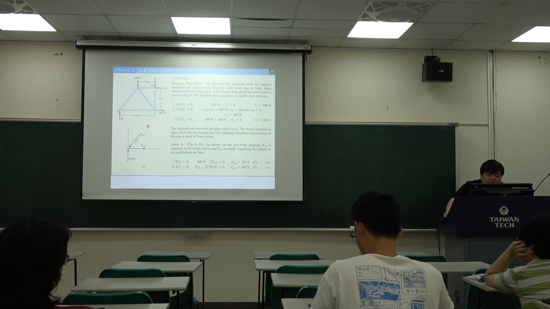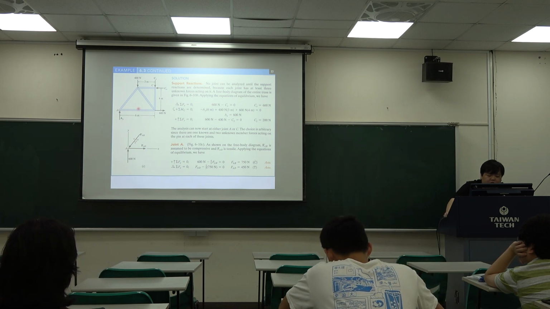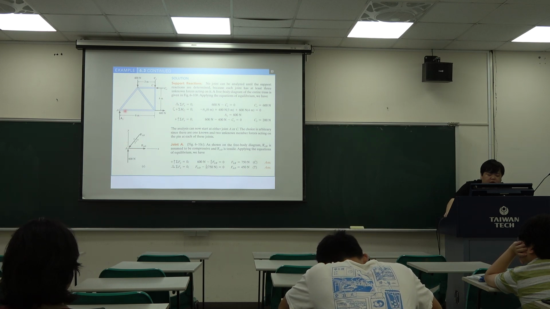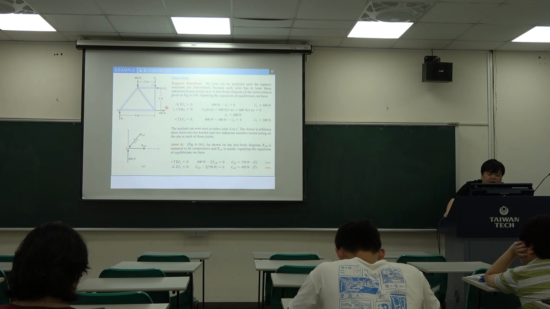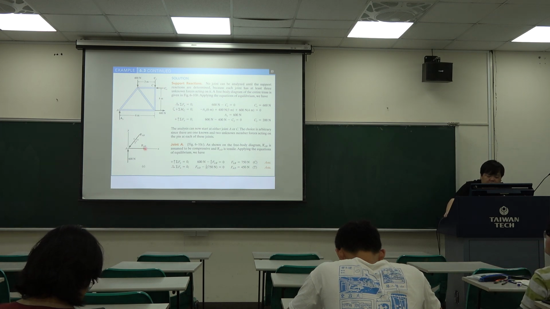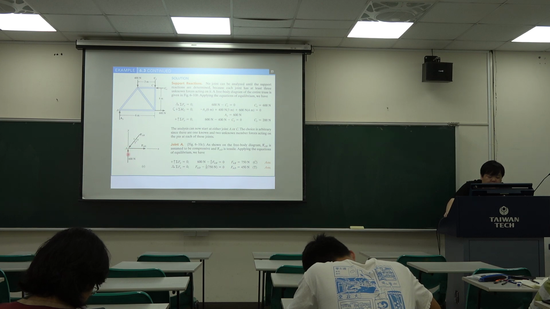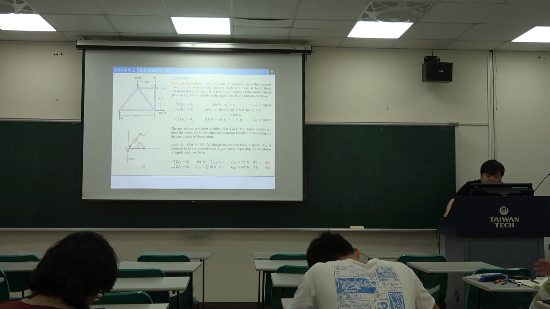When we calculate the truss internal force, we draw the free body diagram about points A, B, C, D. So first we do joint A. We have one known force and two unknown forces here. So we can do the summation Fy equal to 0.